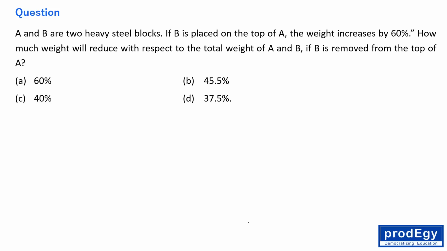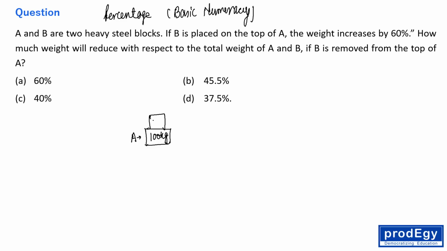A and B are two heavy steel blocks. If B is placed on the top of A, the weight increases by 60%. See everyone, this topic belongs to percentage, and you can call it basic numeracy. Let's say this is A, A is 100 kg, and this is B, B is 60 kg.